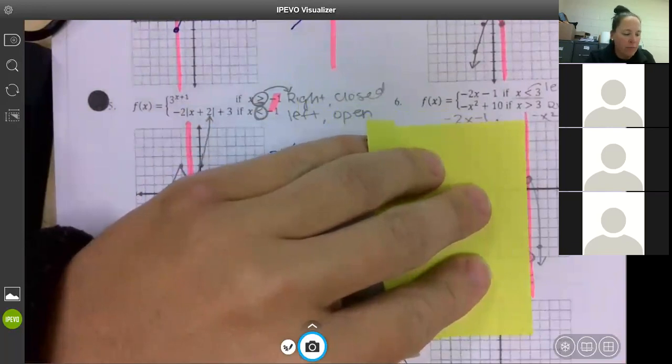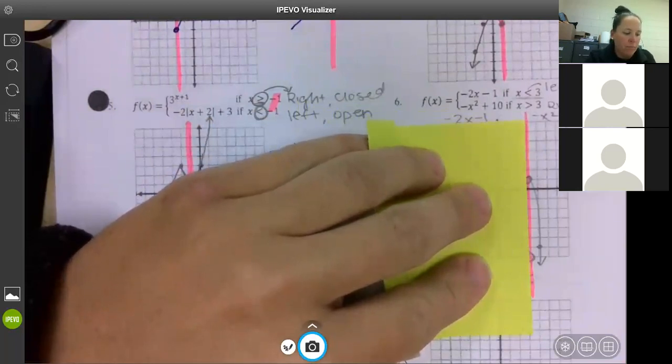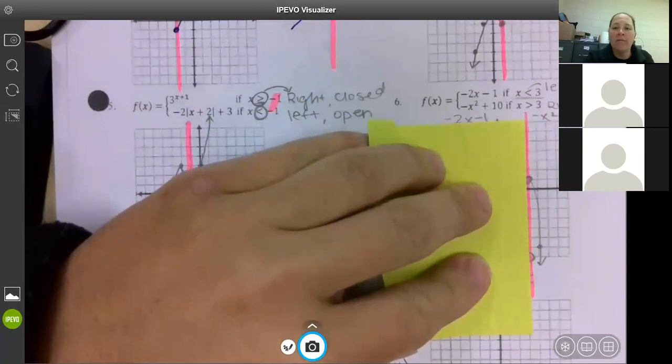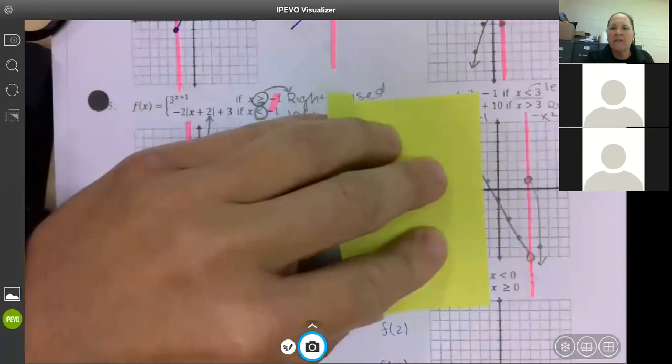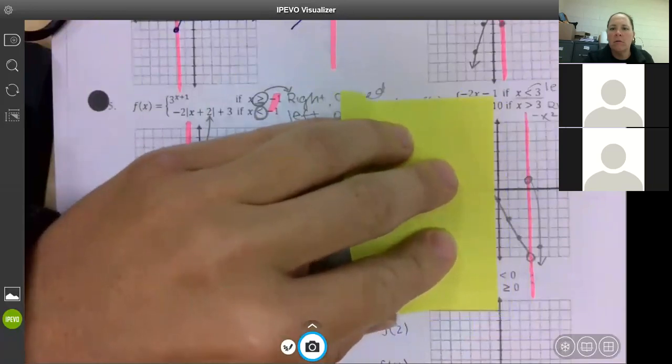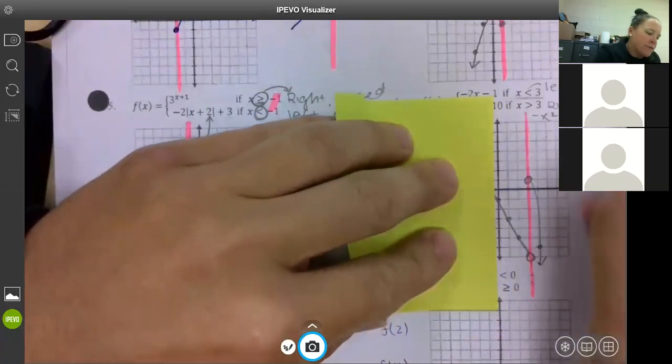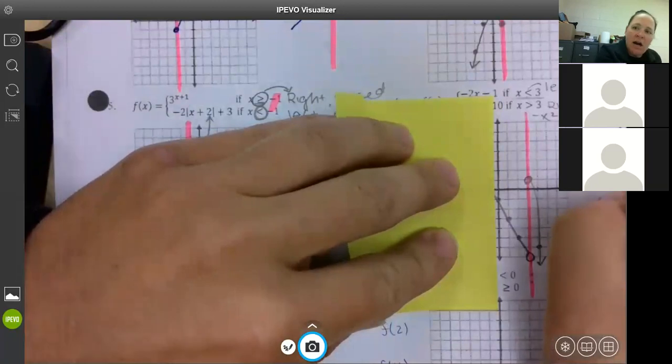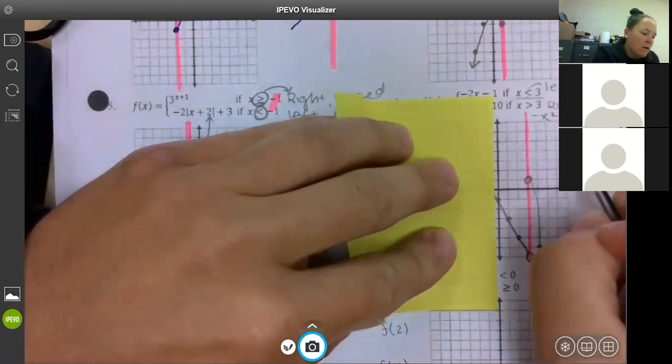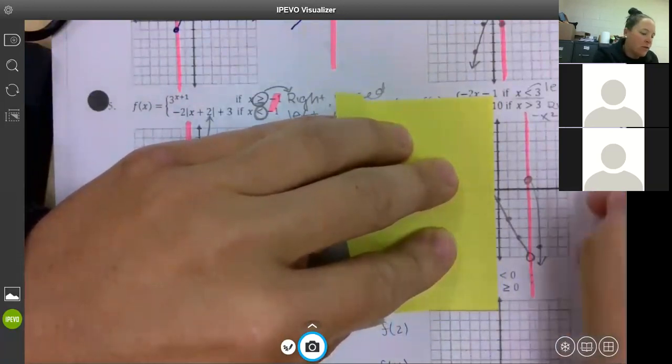Guys, participate. Come on, you can do it. There's 2 open holes, open circles. So we have to stop our domain. What X value is it on? 3. Yeah, the boundary was at 3. It's not included. We put a U, pick back up at 3.